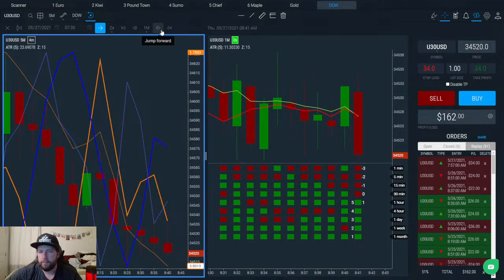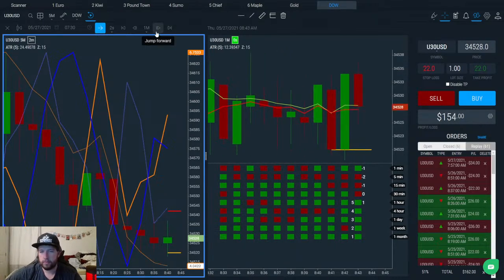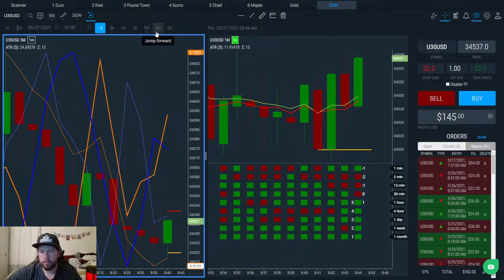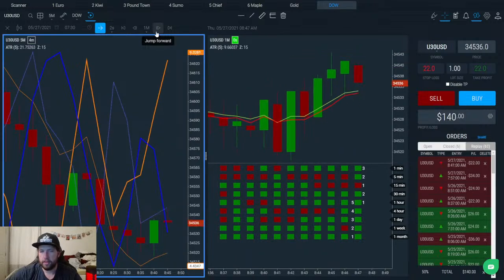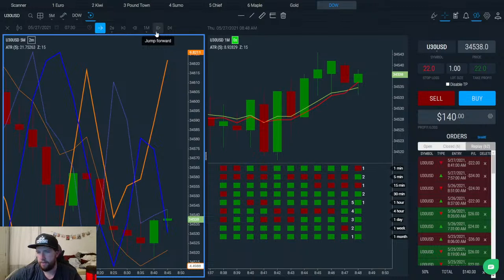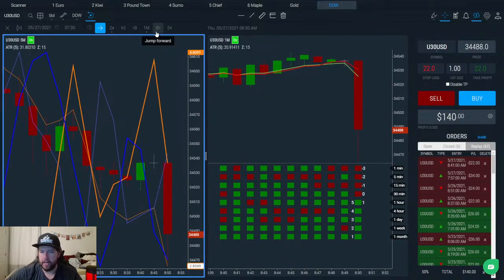Nope, just kidding. There's a sell. 22. And it loses. We are officially at a 50% win rate, so we're breaking even after all those trades.